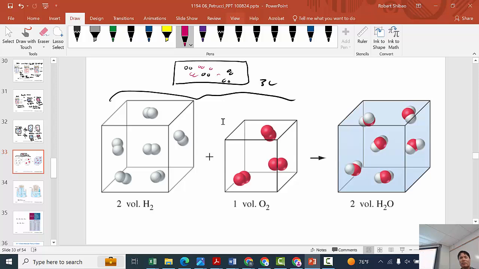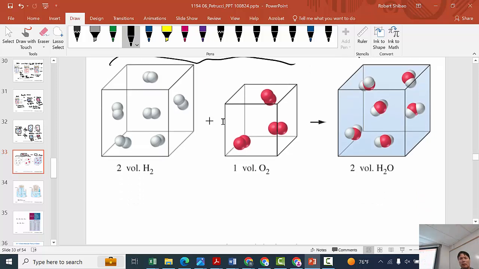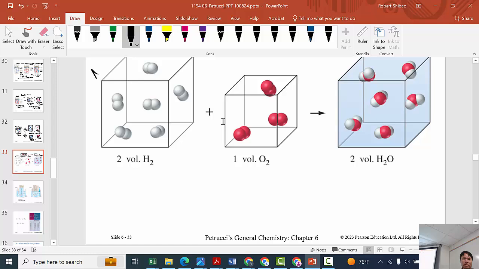And then when that 3 liters of mixture reacts, we end up forming 2 liters of product. This would be Avogadro's.